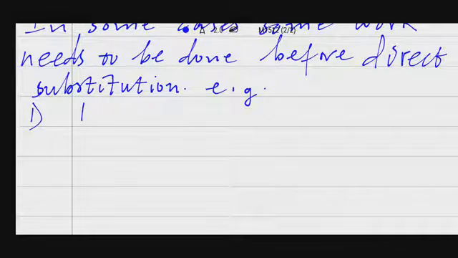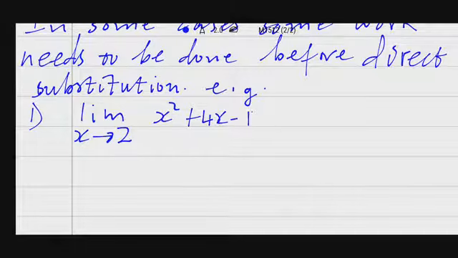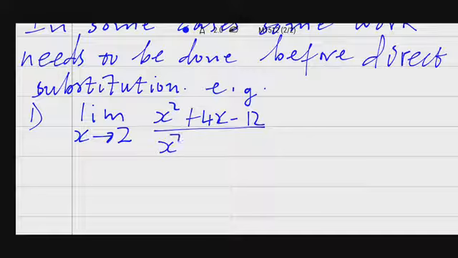Suppose you want to evaluate the limit as x goes to 2 of x squared plus 4x minus 12, divided by x squared minus 2x.